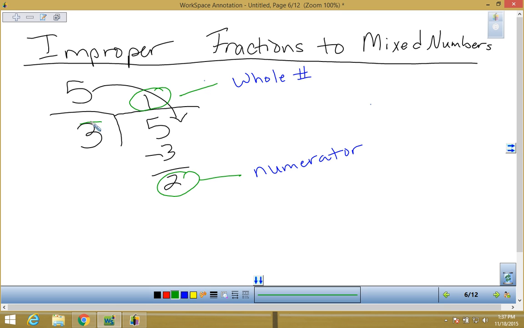And the denominator stays the same. Okay? Okay. So let's do some practice problems.